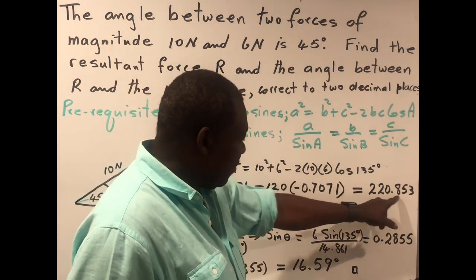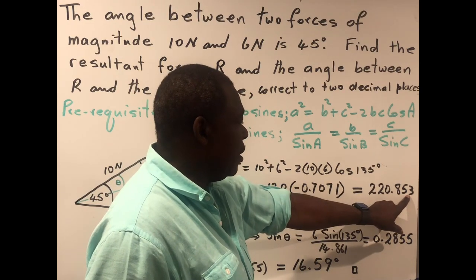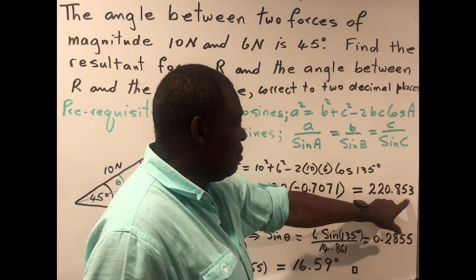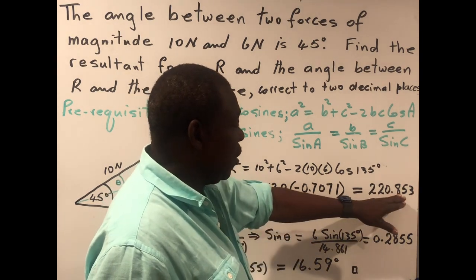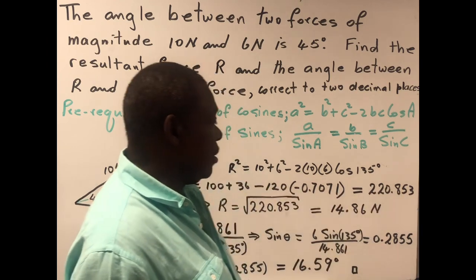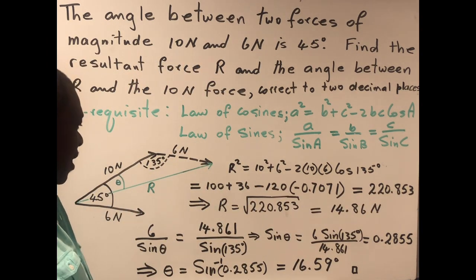Notice that I have given this result to 3 decimal places. If you're trying to get 2 decimal places in your answer, then you will need to be working with at least 3 decimal places in the problem before you get to the final answer.